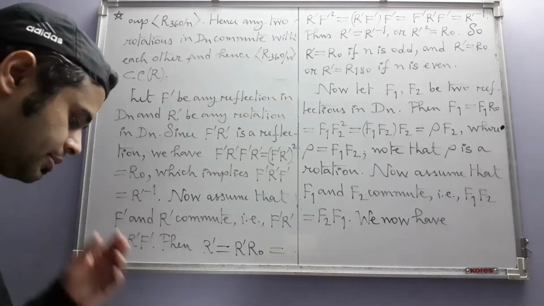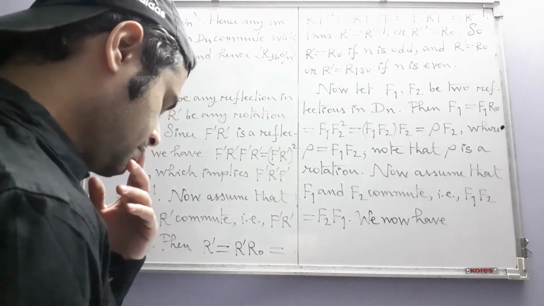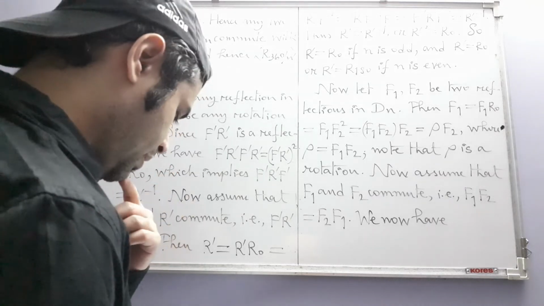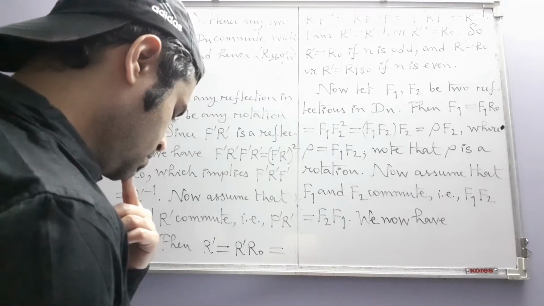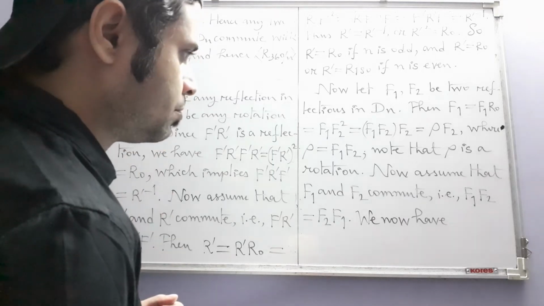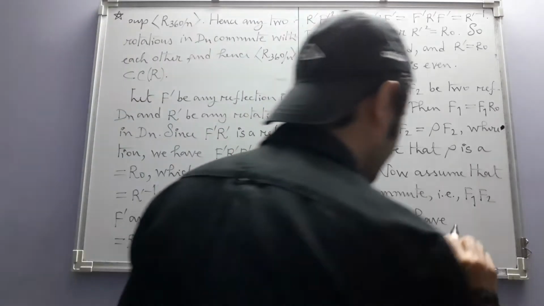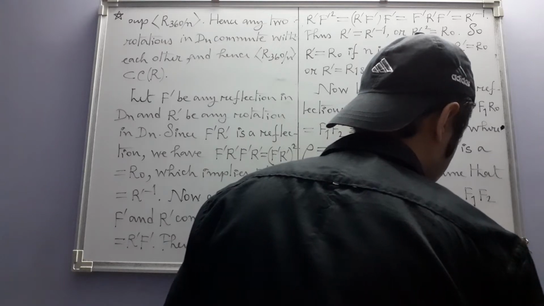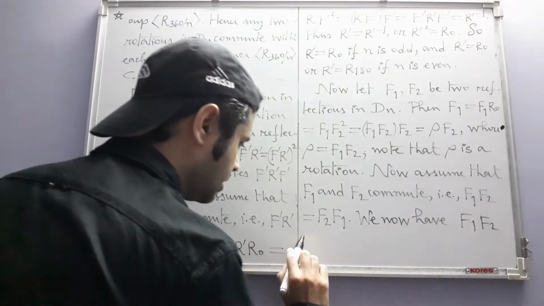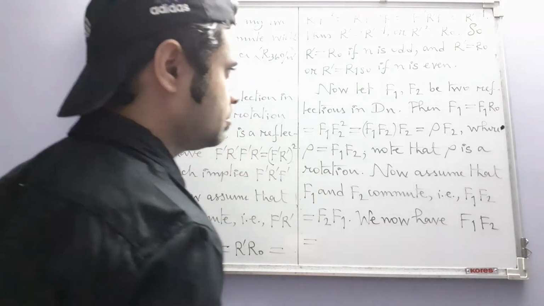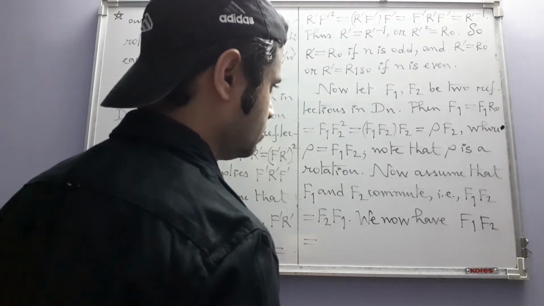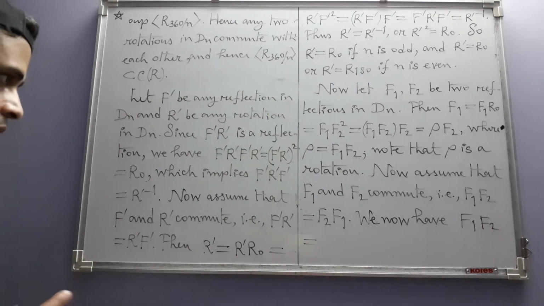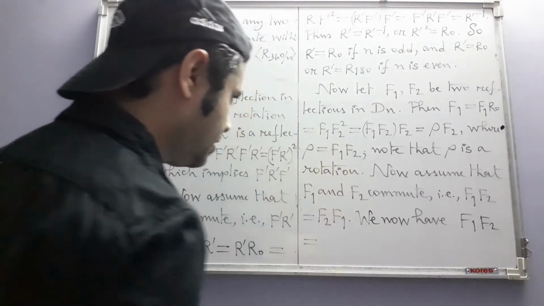How did the calculation start here? Let us start with F1 F2. Now we have F1 F2 equal to, but F1 F2 we are already denoting by rho.